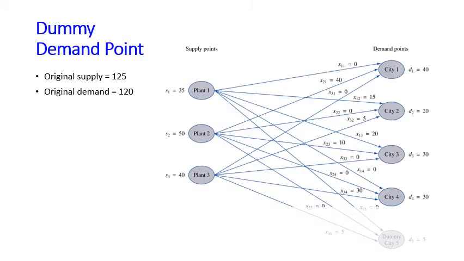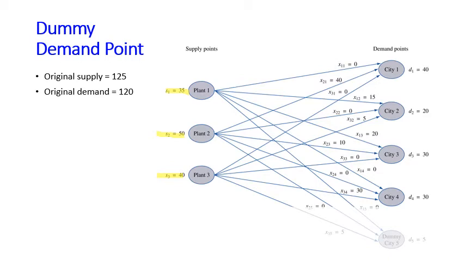The first possibility is that the total supply exceeds the total demand. In this example, we have 3 supply points, and if you take the sum of their supply capacity, the total is 125.